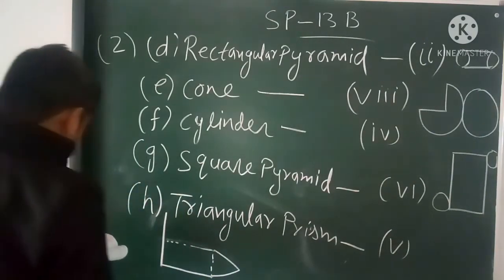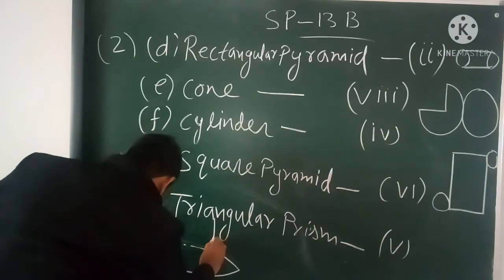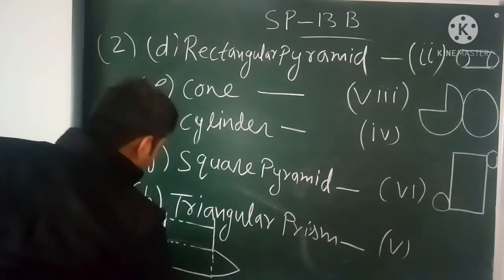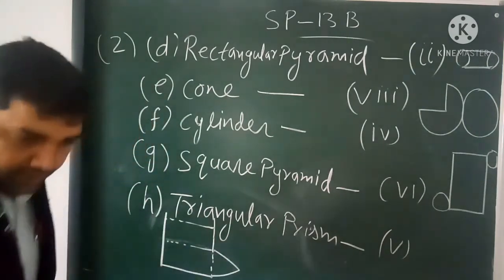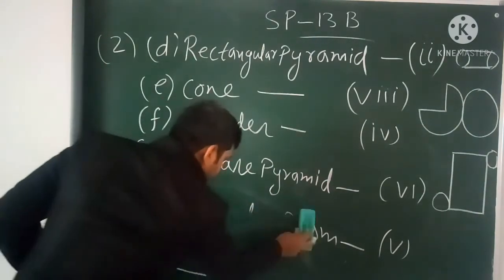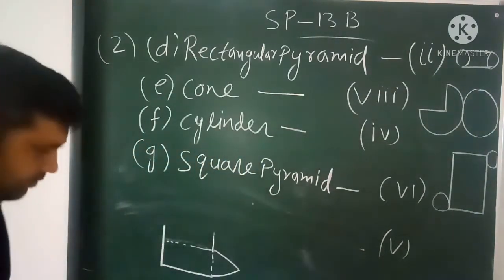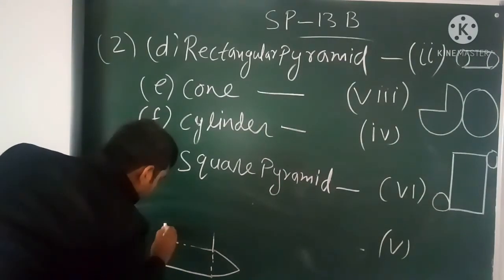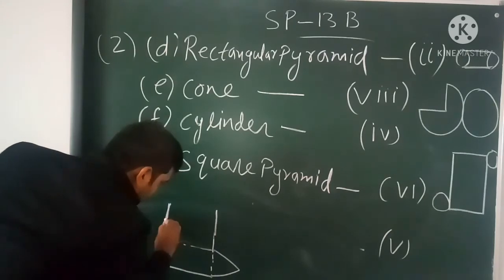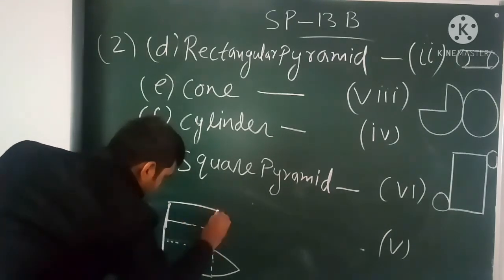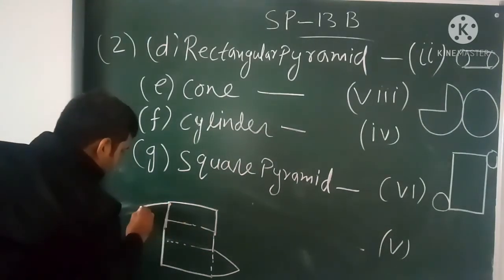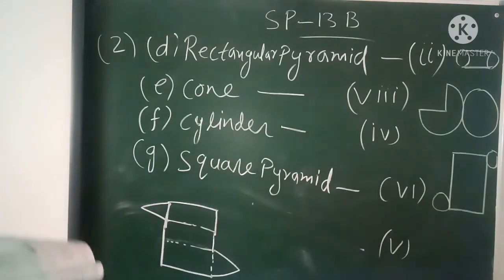Second one, and third one also we need for the triangular prism. After that, to cover the top, we need another triangle. So this is a triangular prism.